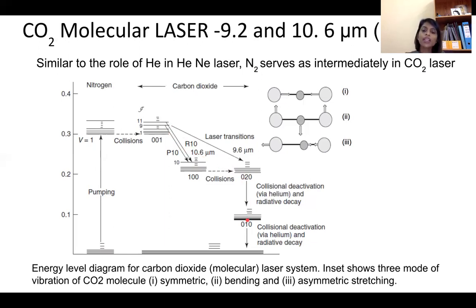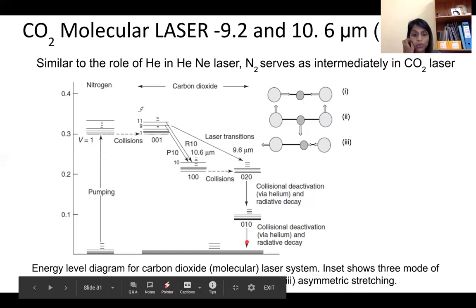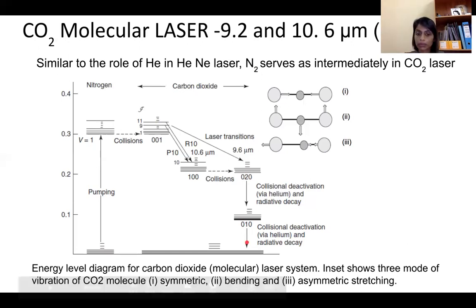And then these electrons at this intermediate level will drop down to the ground state via collision. They will lose some of their energy via collision to the walls of the optical cavity, or it can be radiative decay.